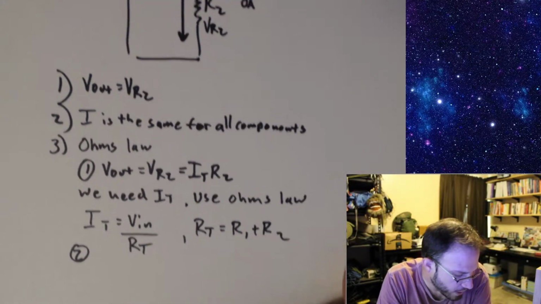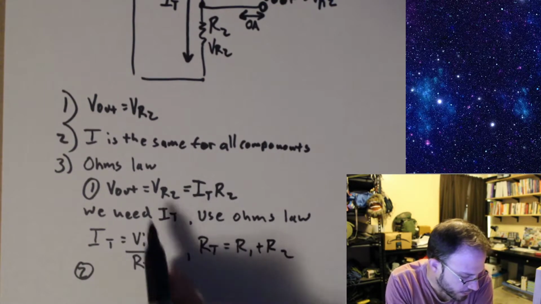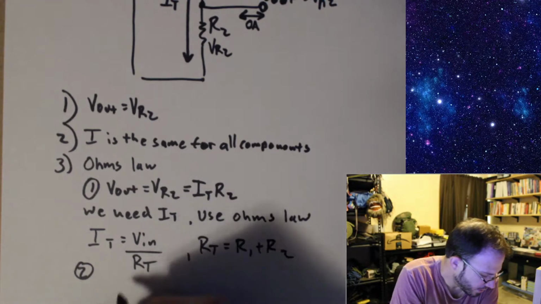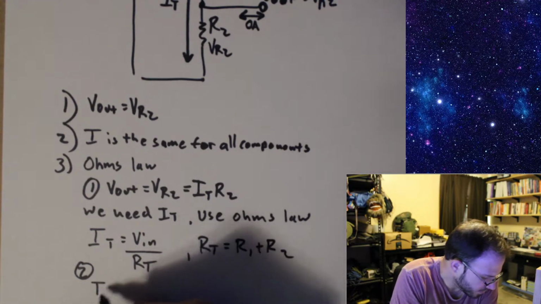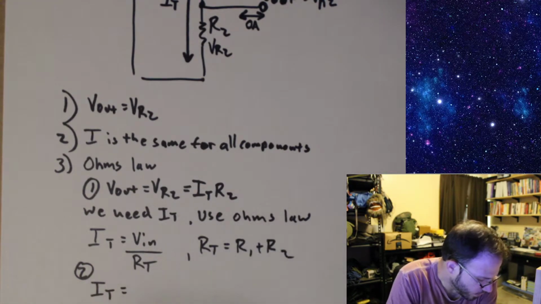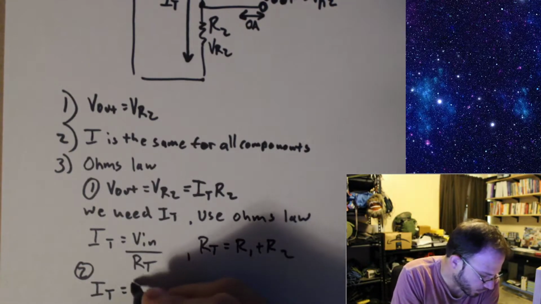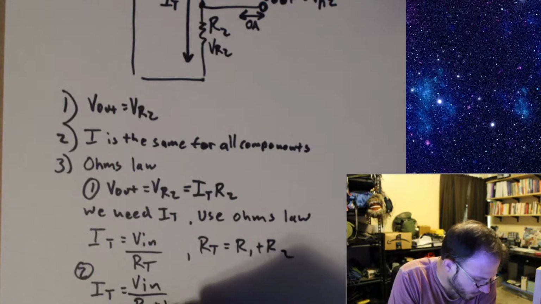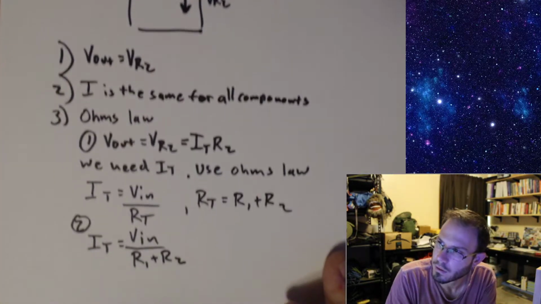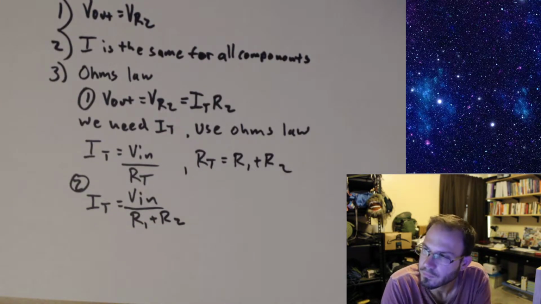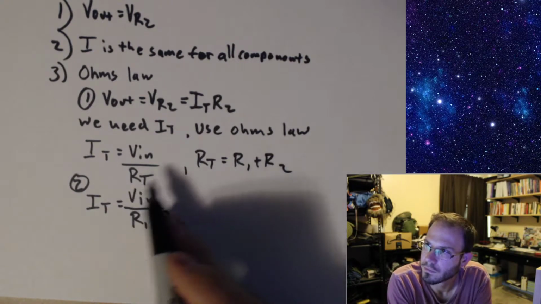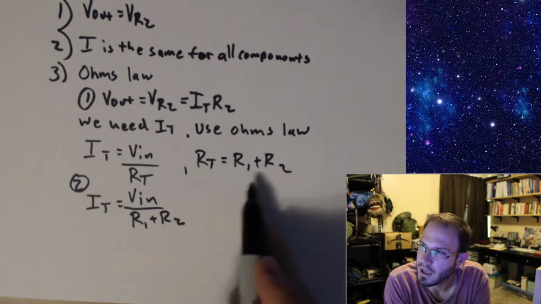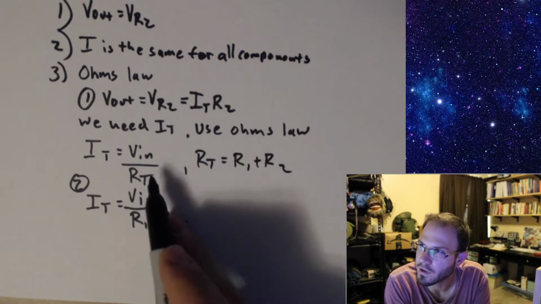So now if we put these two together, we can say that IT is equal to Vin divided by R1 plus R2. I just plugged in what RT was for this circuit.